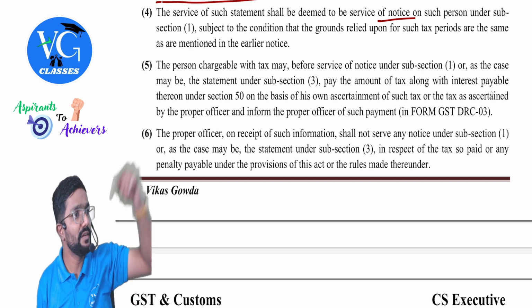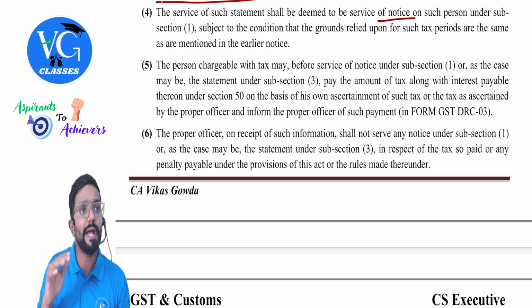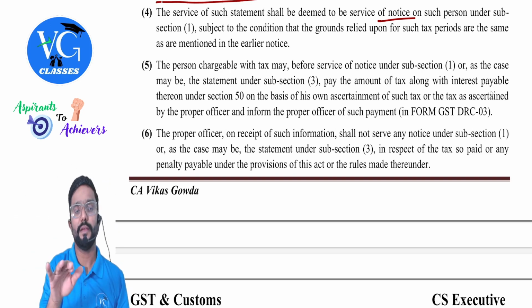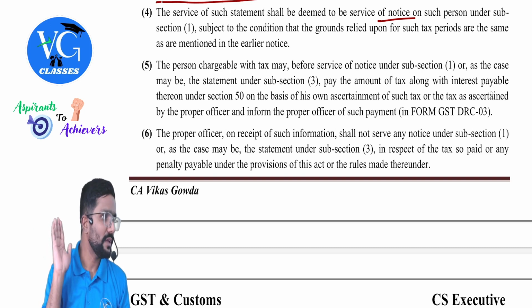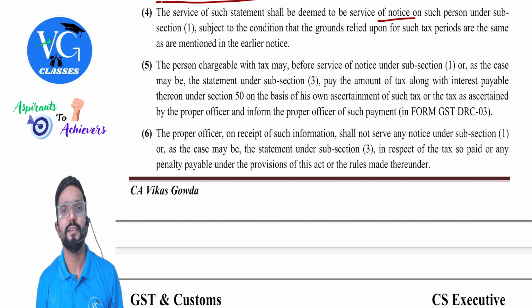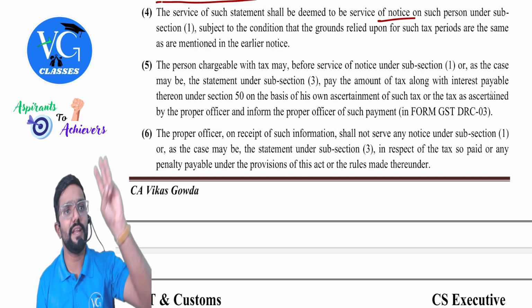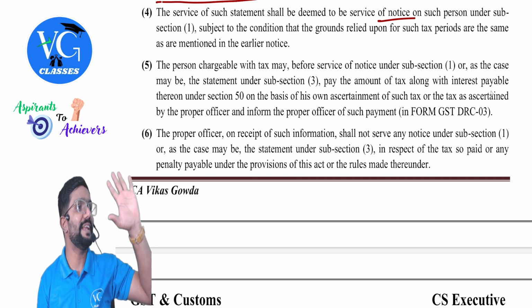All the things cleared. Now, will penalty be applicable? No. And if I have paid whatever I am supposed to pay, they will not go forward to issue notice. But listen here. I calculated and paid 3 lakh. But as per the proper officer's calculation, it is 5 lakh.